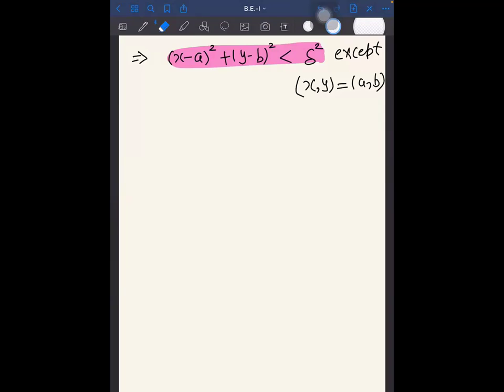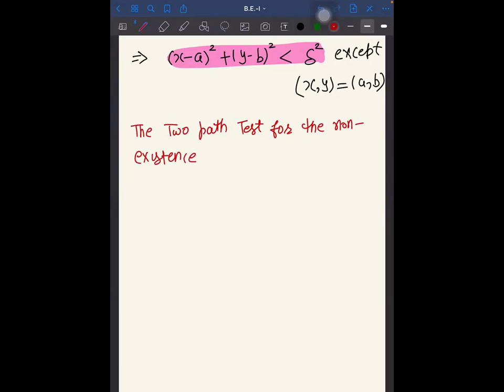Okay, so that is the most important test for us, the two path test for the non-existence of a limit। बहुत आसान है, right?